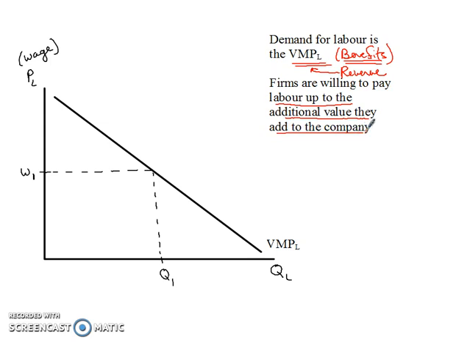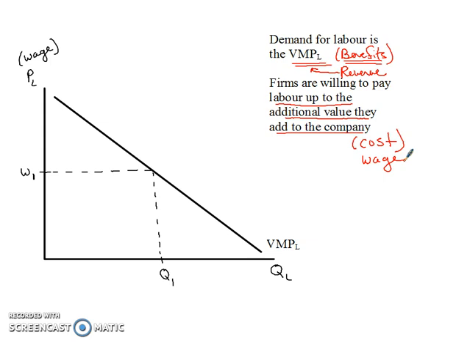Companies hire workers up to the point that the benefits of hiring the worker are equal to the cost of hiring the worker. The benefit of hiring the worker is the additional revenue stream provided by that worker, and the cost of hiring the worker is what we call the wage. That's what the company has to pay the worker.